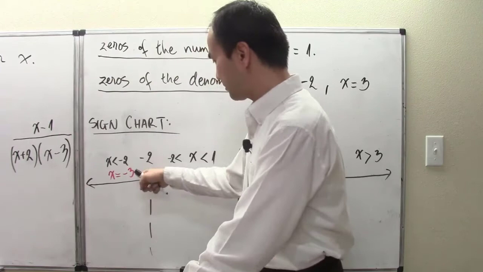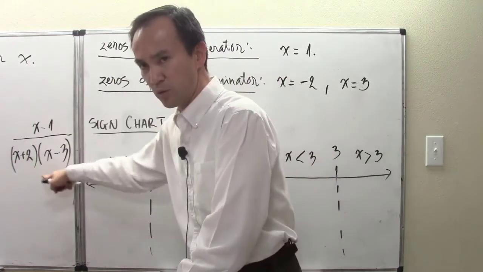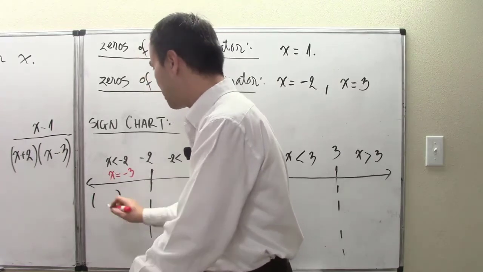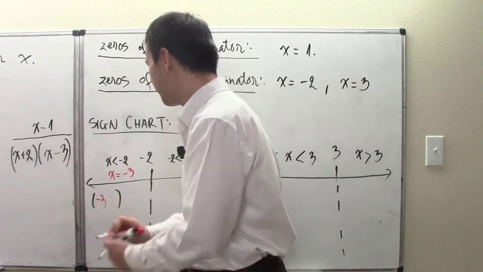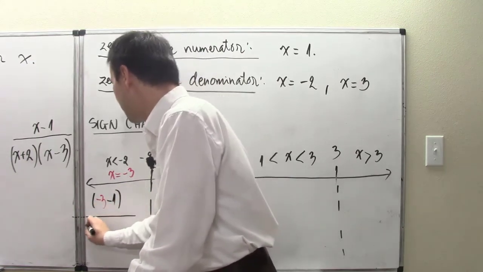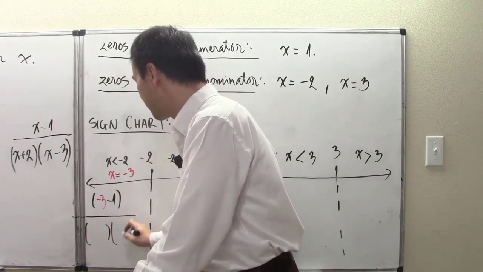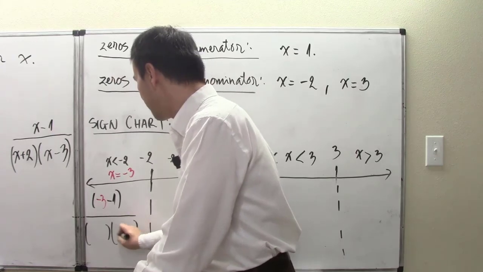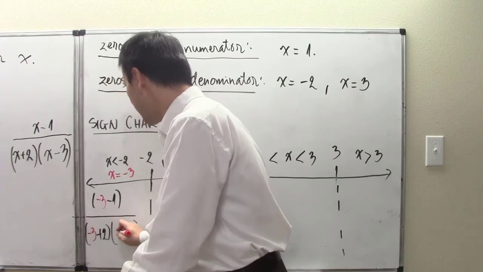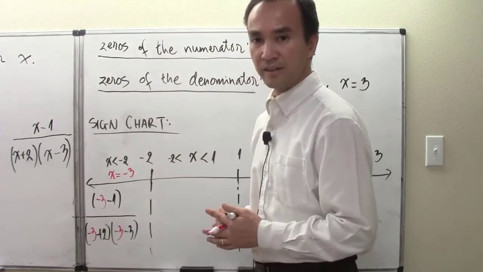Now substituting x equals negative 3 into this expression, I have negative 3 minus 1 in the numerator, and I'm dividing that by negative 3 minus 3 times negative 3 plus 2. It's all about negative 3 substituted in for x.